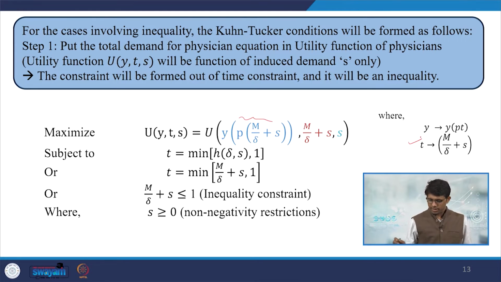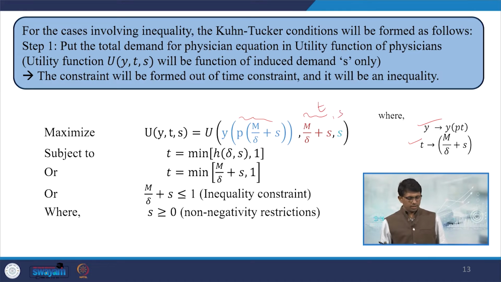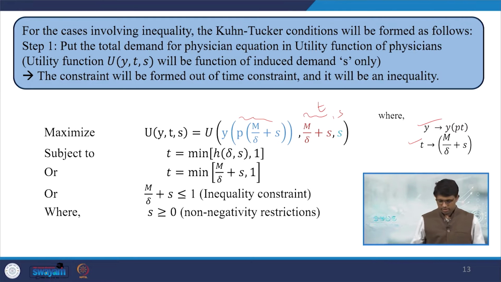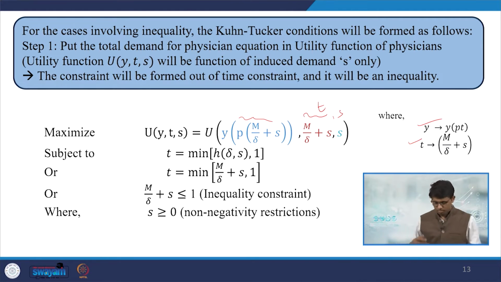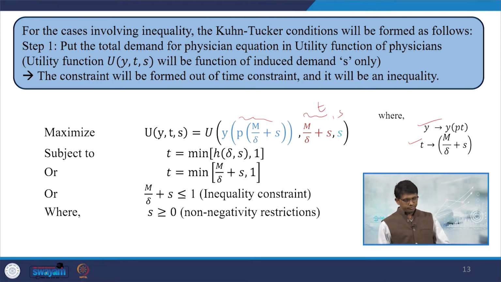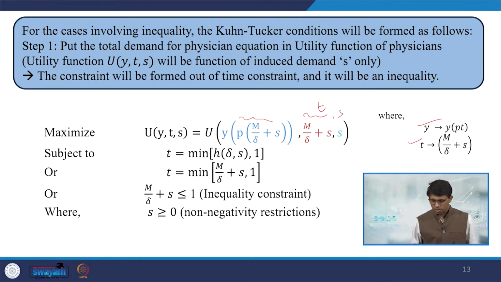This is your t, and y is pt, and then this is s, okay, and subject to the time constraint given, the inequality constraint is like that: delta induced supply function should be at maximum, utilizing 1 or less of the time, okay, and s is considered to be greater than or equal to 0, then only we are actually thinking of the Kuhn-Tucker conditions.